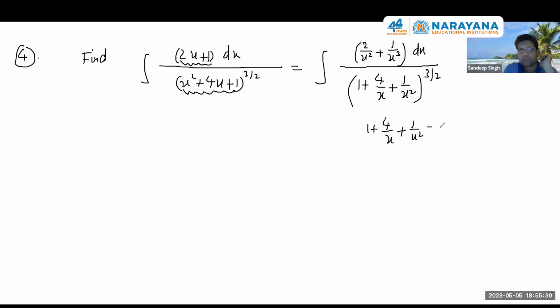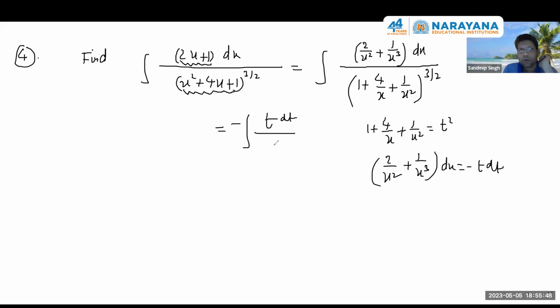What will we assume this to be? We will assume it to be t square. So 2 by x square plus 1 by x cube will become minus t dt. So this becomes minus t dt divided by t cube, which will be 1 by. Everyone please do this and check.